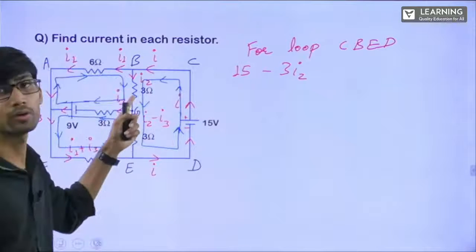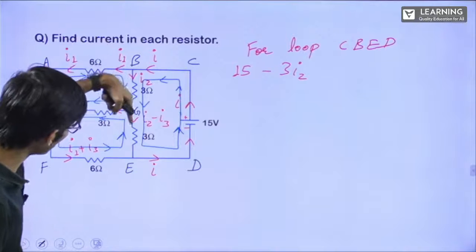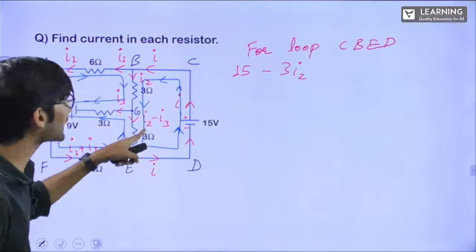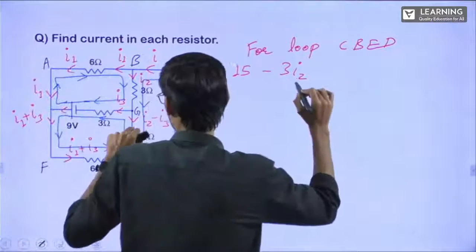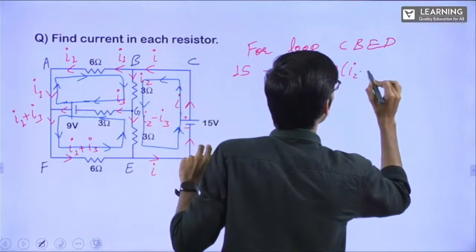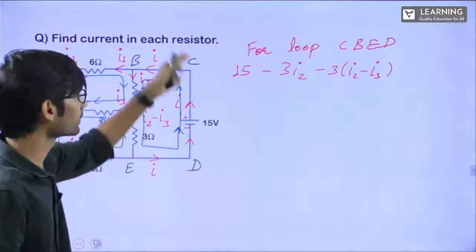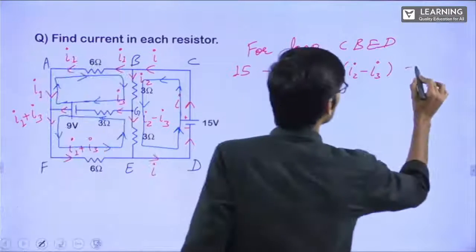See, the current going in this is I2. Then again coming down in the same line, this is 3, the current is I2 minus I3. Direction is the same, so minus 3(I2 minus I3). Then this will be closed and that is equal to 0.